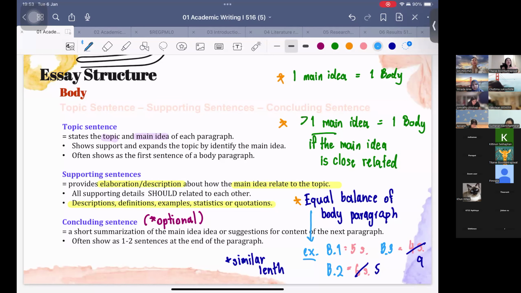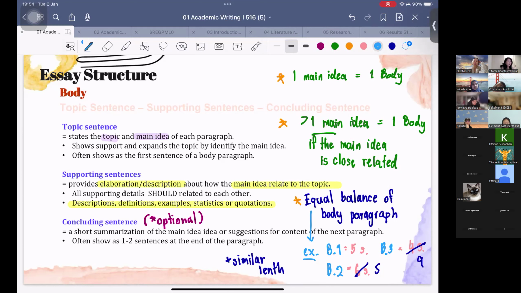However, if you write about several positive and negative things, in that one paragraph of positives, you might have 2 or 3 positives. So it is possible as well to have more than one main idea in one body paragraph. It kind of depends on the type of essay you deliver. So we will go through them tomorrow.